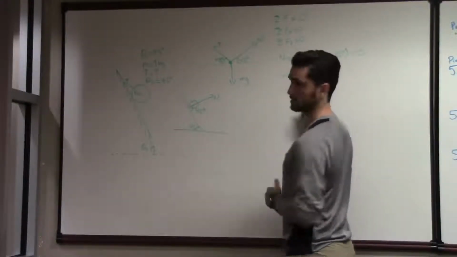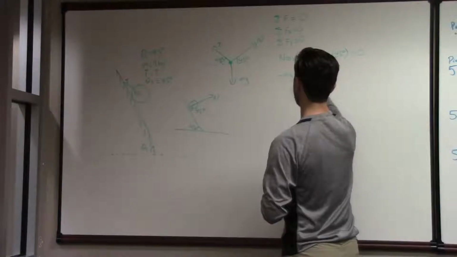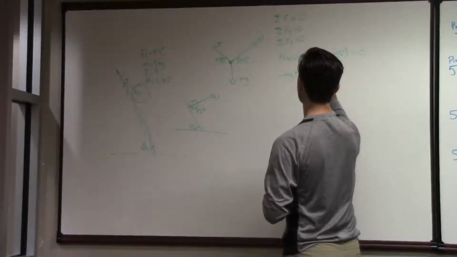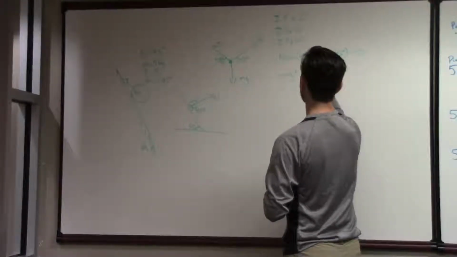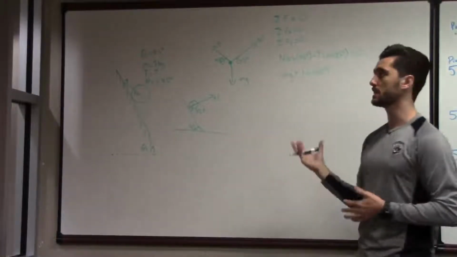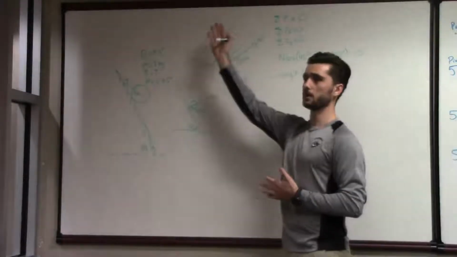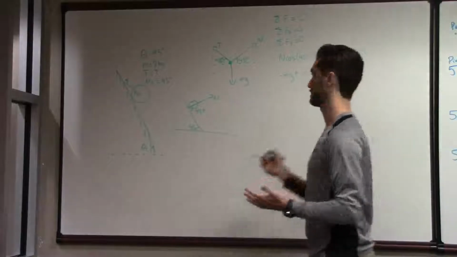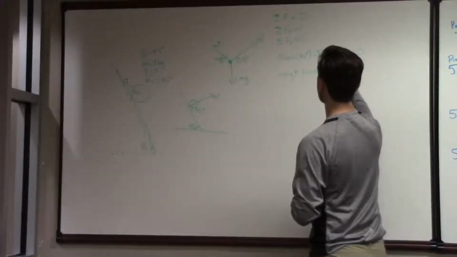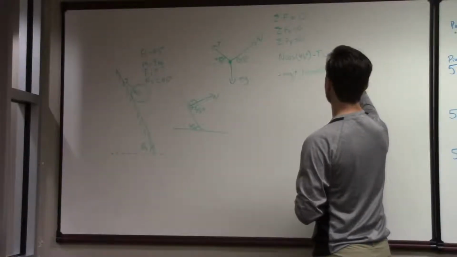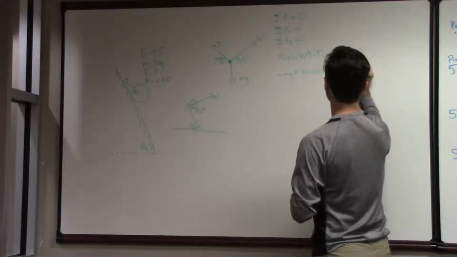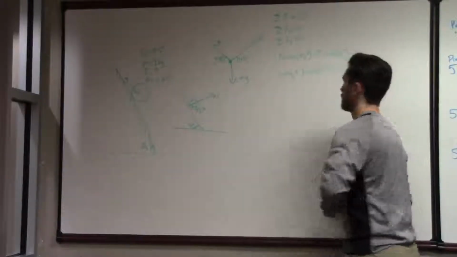And that's going to be positive as it's in the upward direction. So that will be N sine 45 degrees. Now for the tension, it's going to be the same exact thing, and since it's in the positive upward direction, we don't have to mess with the sign at all. So this is plus T sine 45. That's also equal to 0.